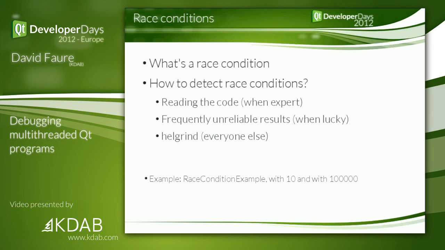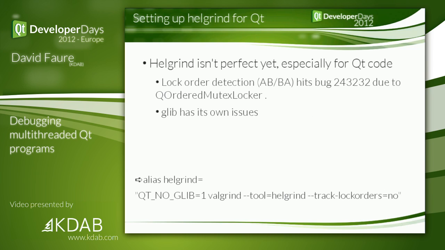So this is the idea of the perfect world. We have Helgrind, it detects all the bugs in our code, perfect. Well, not exactly. I wish it was that way, but Helgrind isn't actually perfect yet, especially for Qt code, because one of the issues we hit with Qt code is the lock order detection problem.